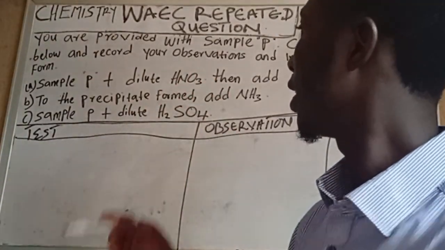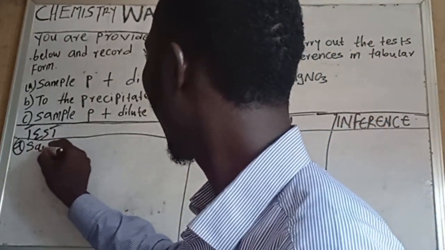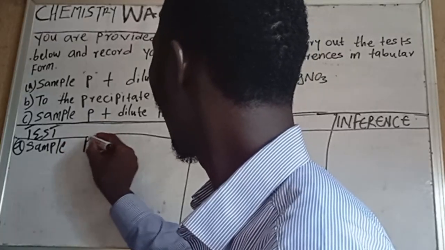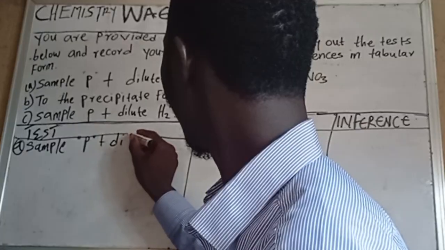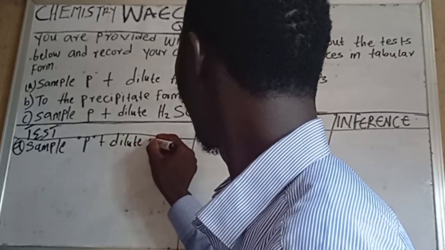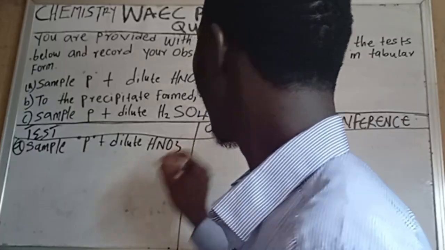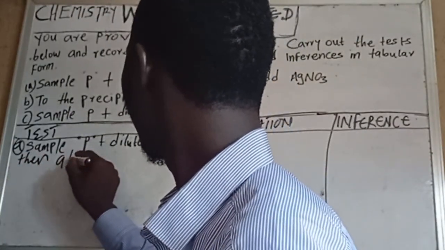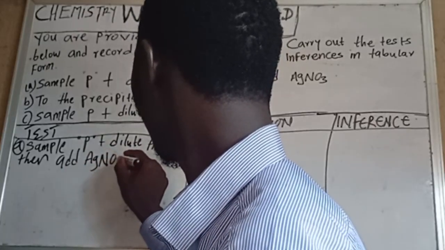We have A. Our A says that sample P plus dilute nitric acid, then add silver nitrate.